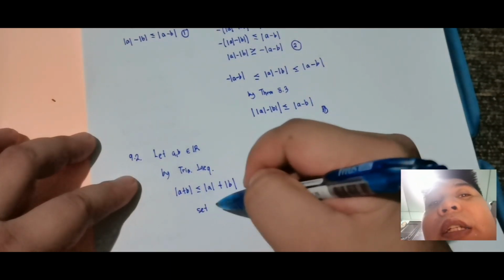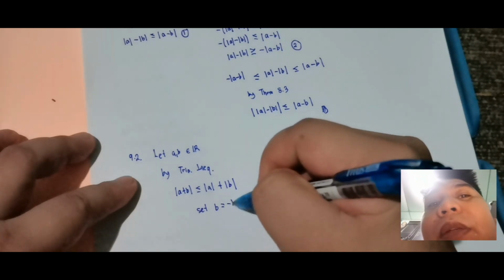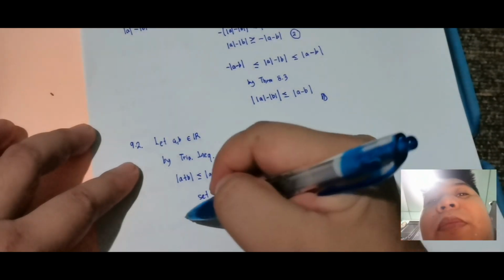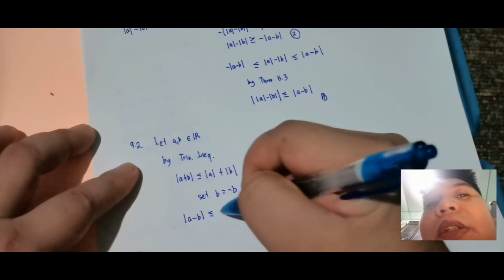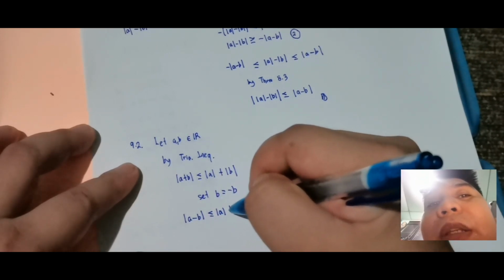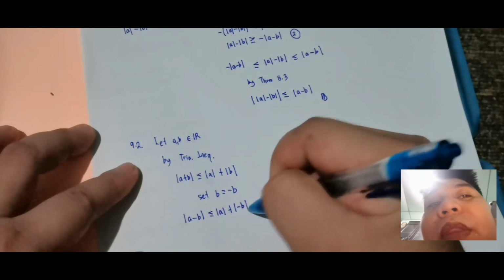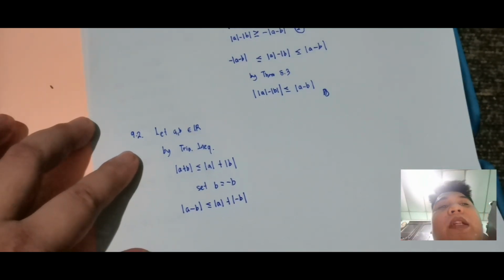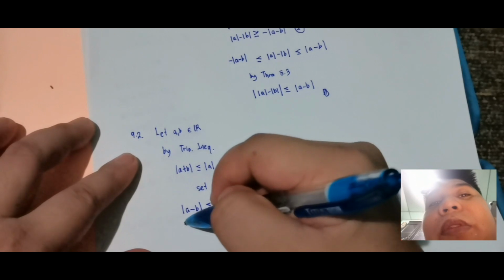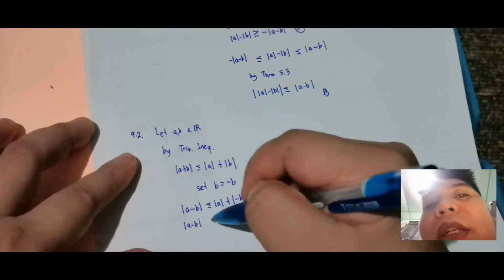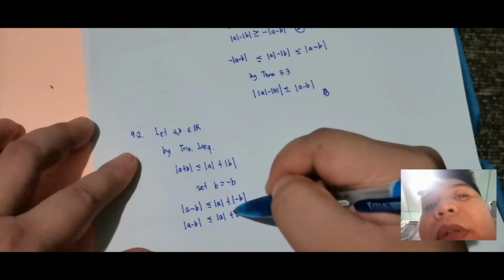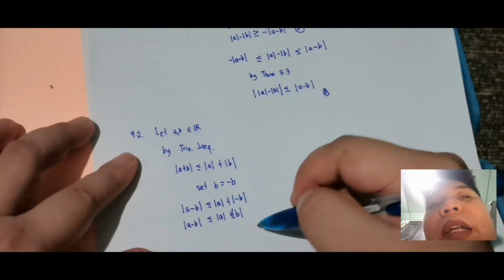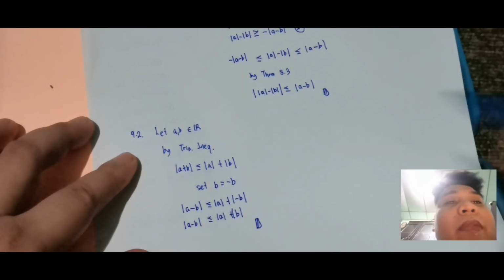Set natin na si B is equal kay negative B. Okay, so therefore that is A minus B less than or equal sa absolute value of A plus absolute value ng negative B. But absolute value ng negative B is positive B. So therefore, the absolute value of A minus B is less than or equal sa absolute value of A plus absolute value of B. Magiging positive lang. So therefore, this is done.